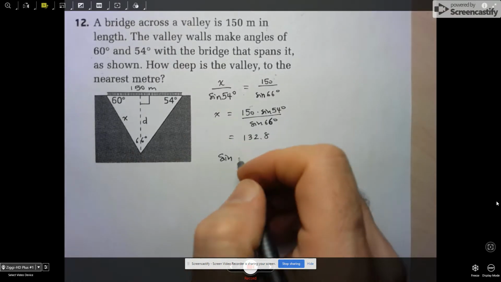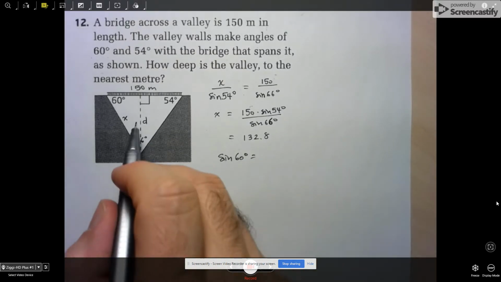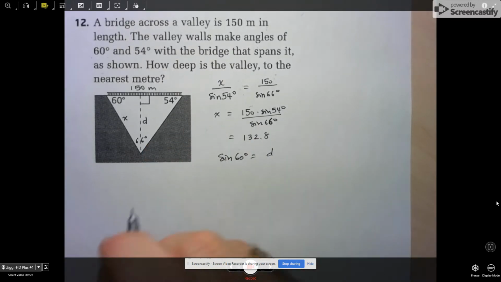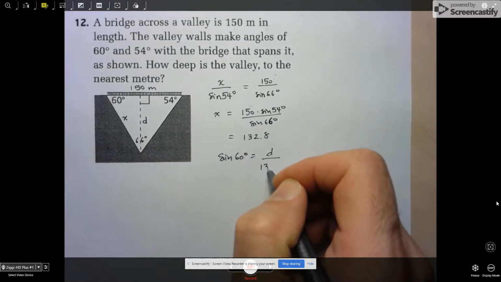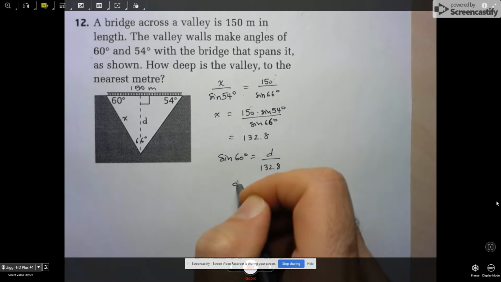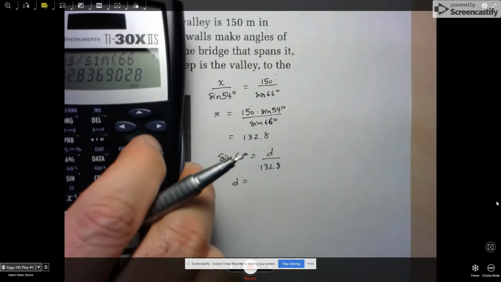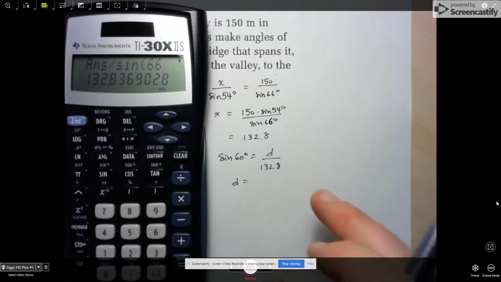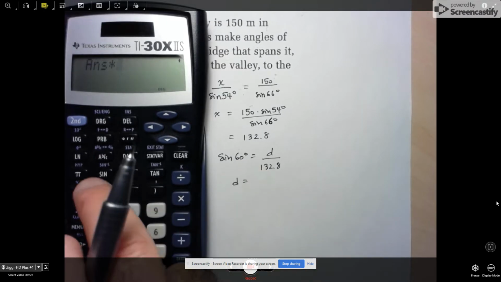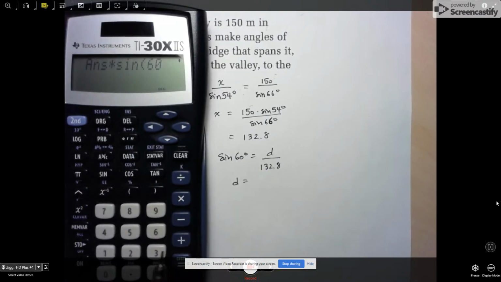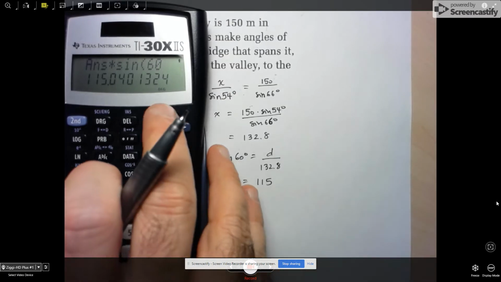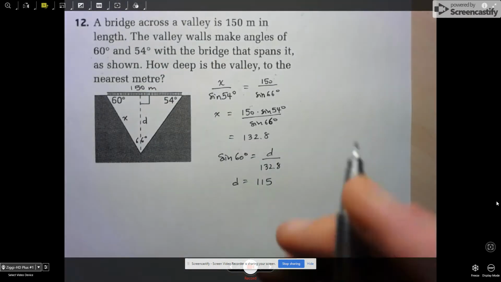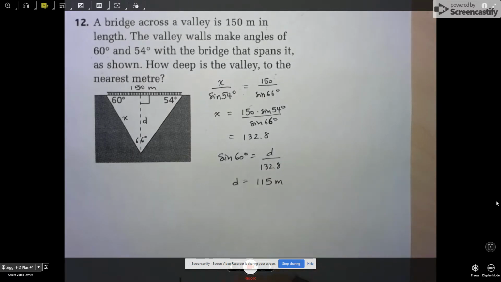Sine of 60 degrees is equal to the opposite, which is D, the thing I'm looking for, over the hypotenuse, which is that length I just found, 132.8. And so D is just equal to 132.8 times sine of 60, and that is 115. They asked to the nearest meter, so that's how we'll leave it: 115 meters deep.